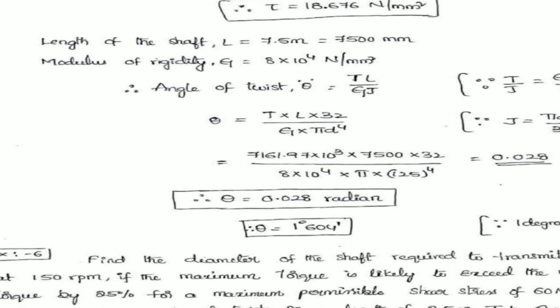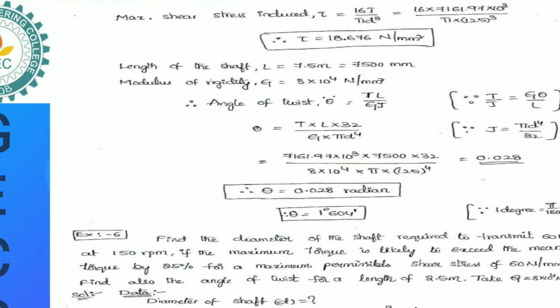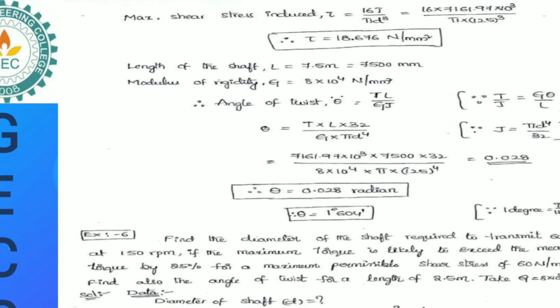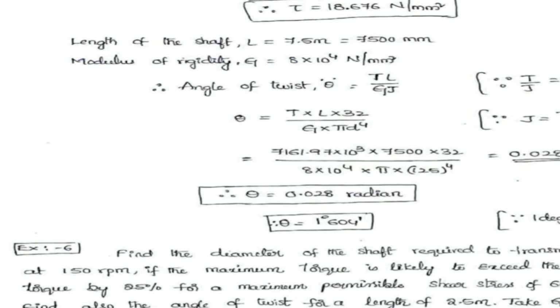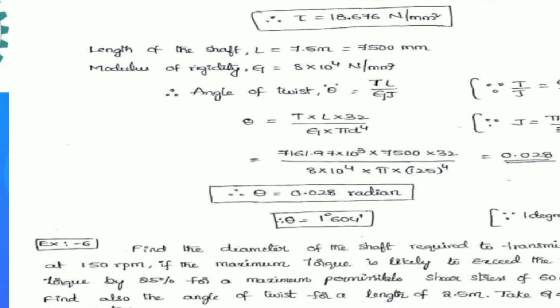Finally, in this problem, to find the theta, the angle of twist, we use shear stress and torsion. Finally, to find the angle of twist theta, theta is equal to the formula T into L into 32 by G into pi d power 4.